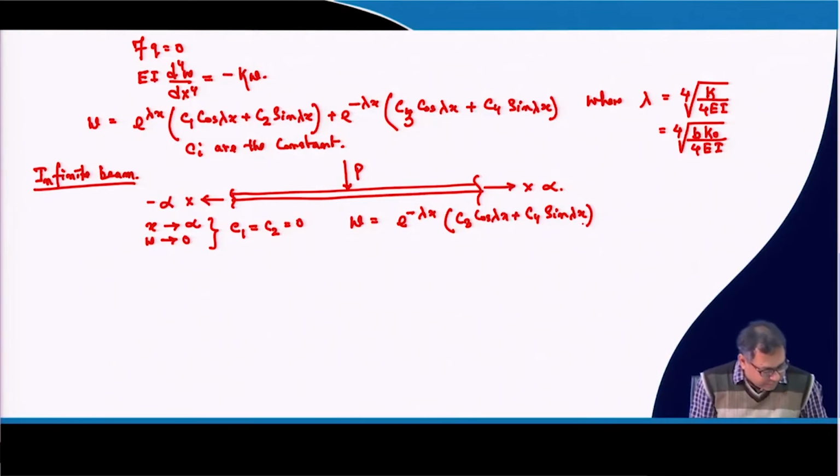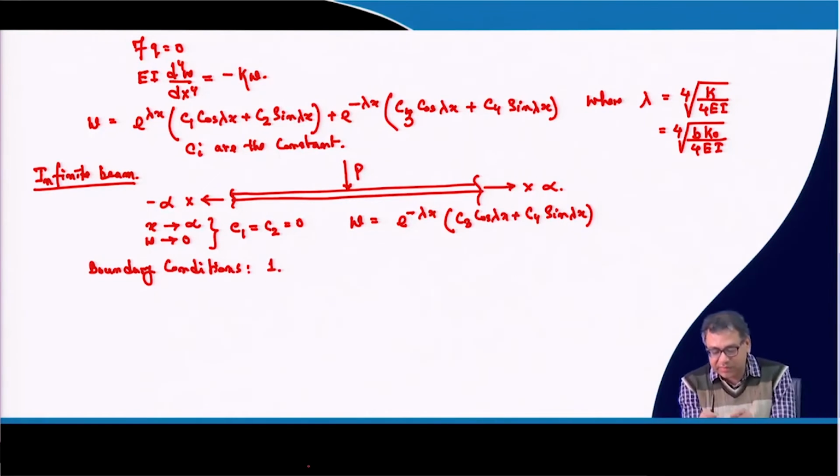So what are those boundary conditions? The first boundary condition is due to symmetry, because this is the point where the load is acting, you can say this is a 0 point, a starting point, and it is symmetric.